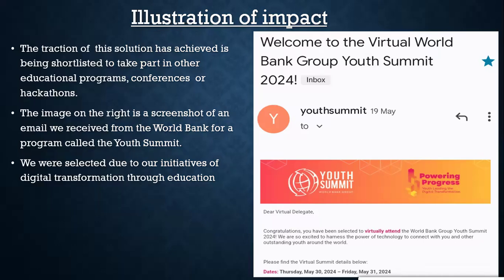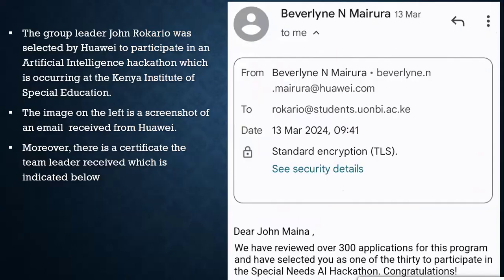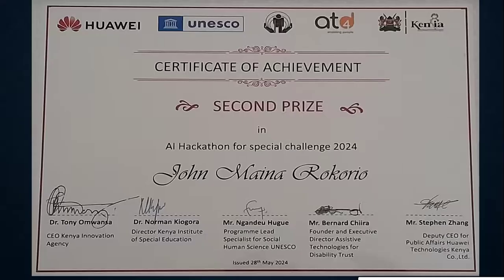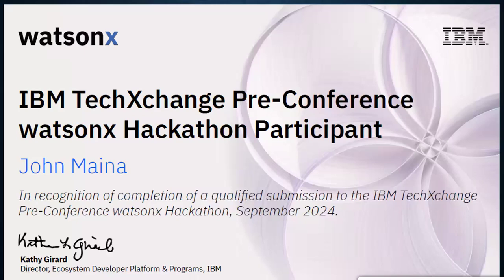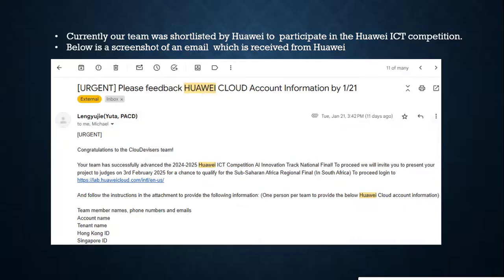We were also a participant in the World Bank program at the Youth Summit, engaged in hackathons from Huawei, where one of the team members scored second prize, and were selected to participate in a pre-conference for IBM, where this certificate was achieved. The current status relates to how the solution could be implemented through various innovation tracks in which one of our team members is able to participate.